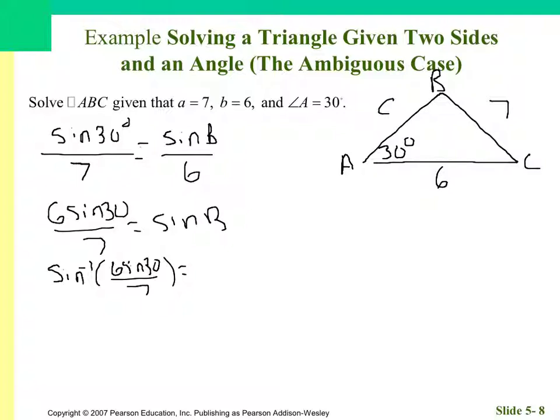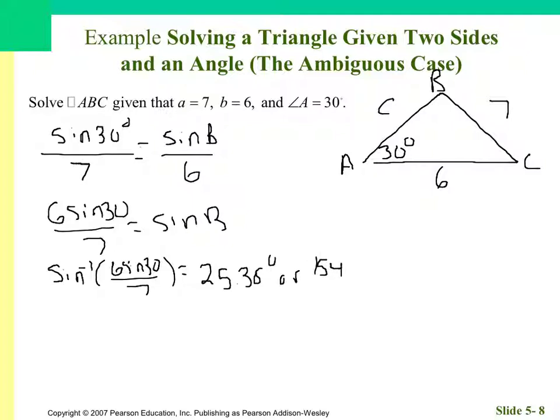I got 25.38 degrees. But couldn't that also be in quadrant 2? So it could be that, or it could be 180 minus that. Think about that. One of the warm-up questions we had.